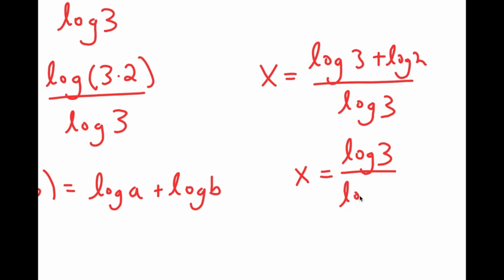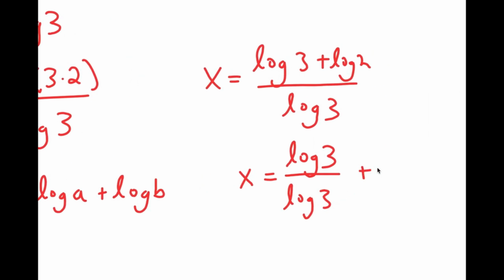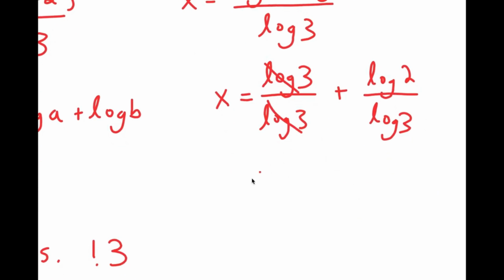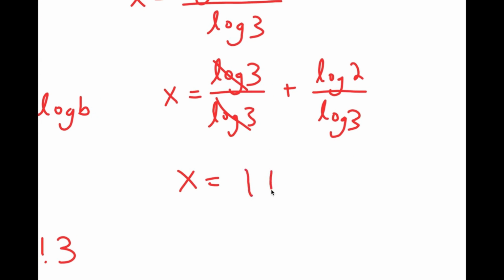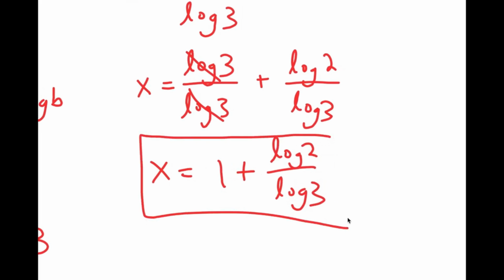So now this turns into log 3 over log 3 plus log 2 over log 3. So then these two cancel out, and I get 1 plus log 2 over log 3. So this is my answer.